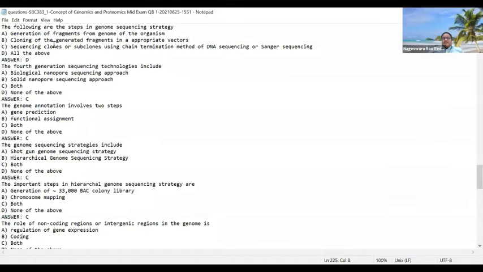The following are the steps in genome sequencing strategy. First one is generation of fragments. Second one is cloning of generated fragments. Third one is sequencing of clones, or all the above.